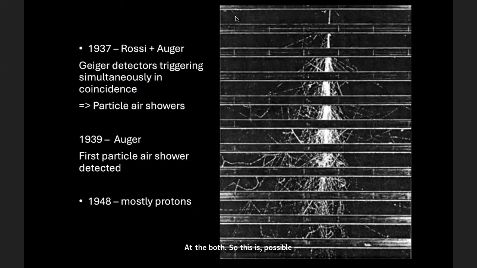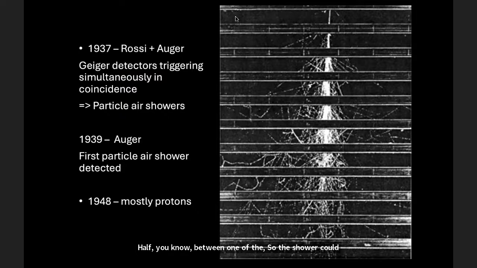What is amazing is that Auger made this, and the shower that he was measuring had at least 100 meters between one detector and the other detectors. So the shower had this extension.